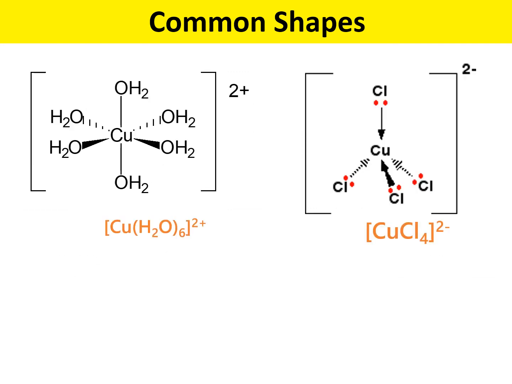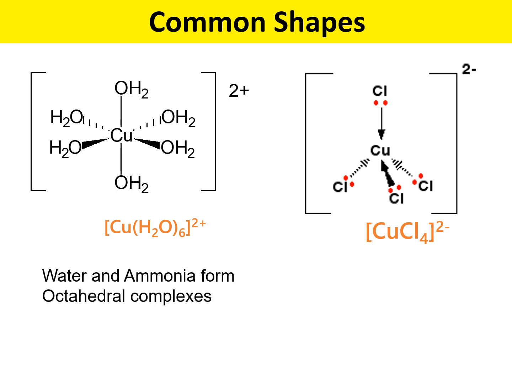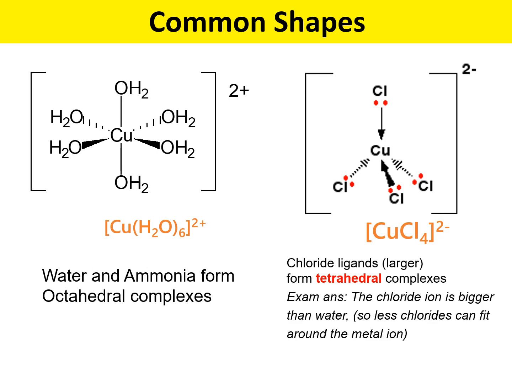Here we have the most common shapes of the transition metal complexes. On the left we have an octahedral example, and on the right we have a tetrahedral example. If you're asked to draw these, it would be a good idea to show some three-dimensional structure.